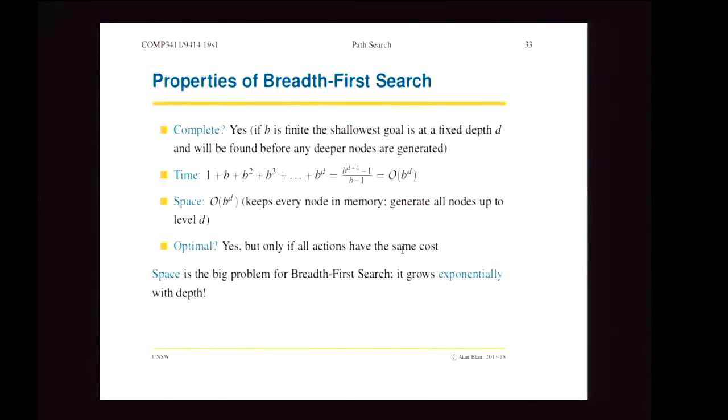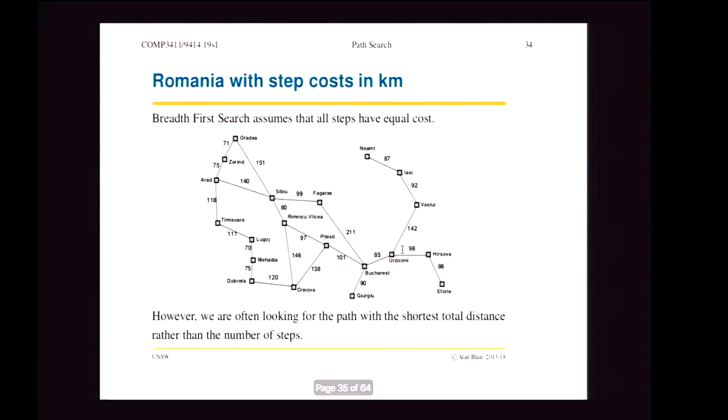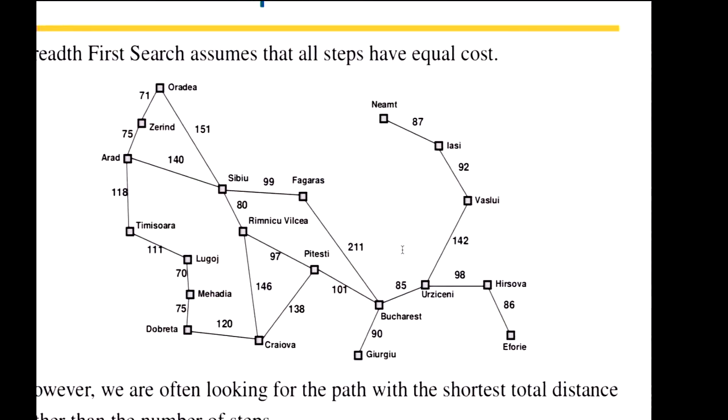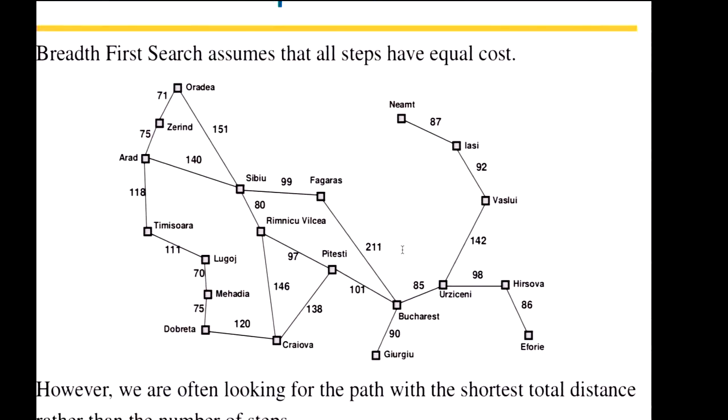this is optimal if optimality means minimizing the total number of steps. But now, let's suppose I tell you that actually some of these roads are longer than others. I'll just expand that a little bit. So now I'm going to give you a bit of extra information on this map.